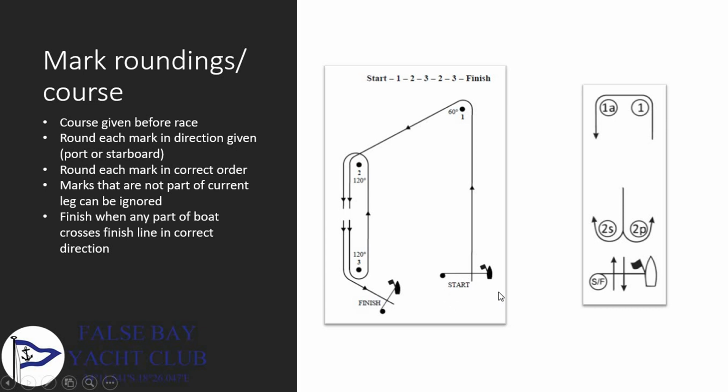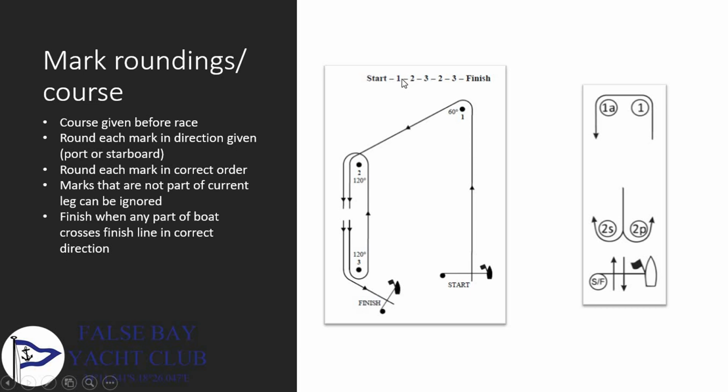You'll start behind this line, start off here, and first round mark 1. You can see again this is saying the same thing, and I'll go through at the same time what this means as what this picture shows. So it says start, and you start here, then you round mark 1.